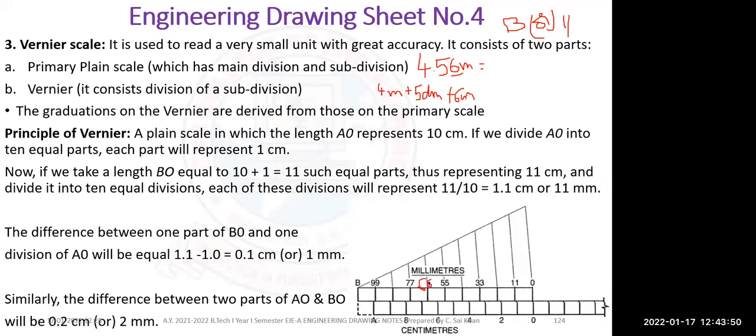In the 66, the last digit is 6. So what Paul Vernier has done is, this is 4.56 and this is 0.066, so he has subtracted. This is 0.66 meters.